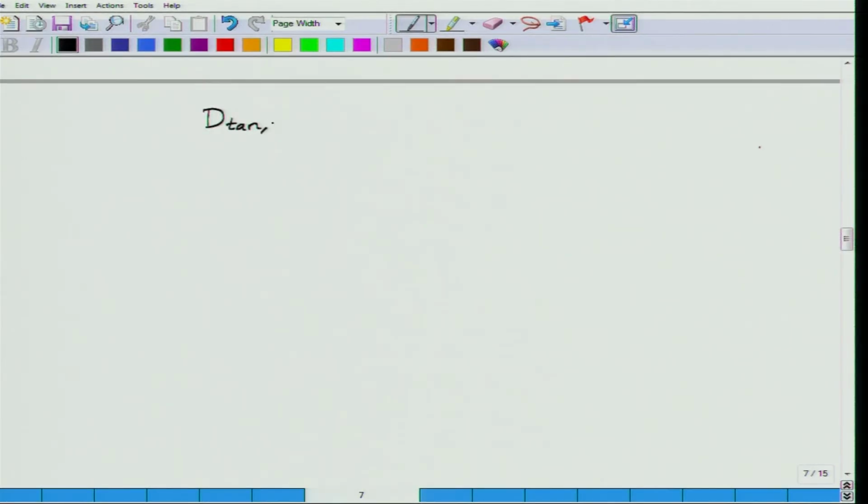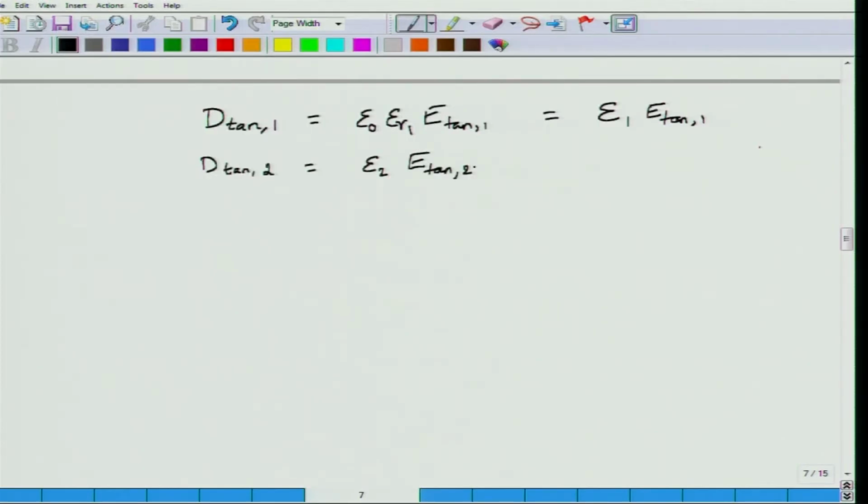The tangential D field can be related to the tangential electric field in medium 1 by the permittivity of that medium. So I have epsilon 0 epsilon r1 times E tan 1. I can write this in a shorter form, combining epsilon 0 and epsilon r into epsilon, and I will write this as epsilon 1 times the tangential electric field in medium 1. Similarly, I can write the tangential D field in the second medium as epsilon 2 times the tangential electric field in medium 2.